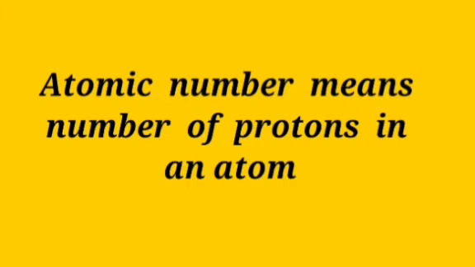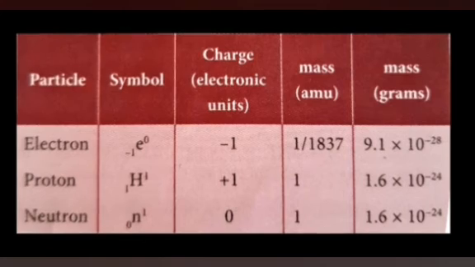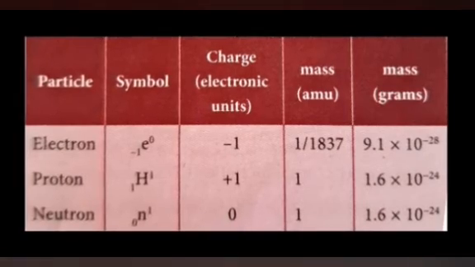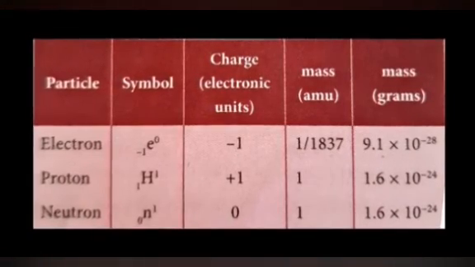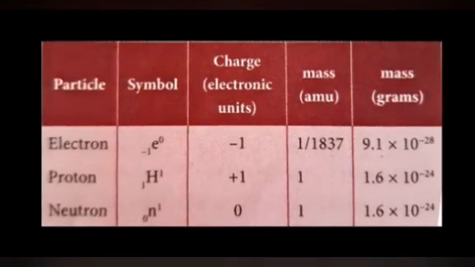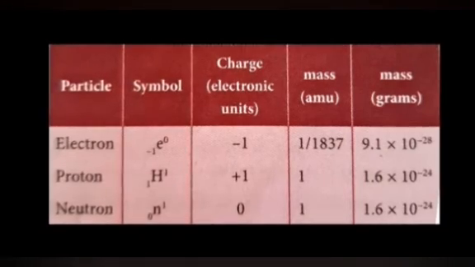These are the things you have to know. Now look at the table, which shows the properties of subatomic particles: electron, proton and neutron. Their charges are -1, +1 and 0.